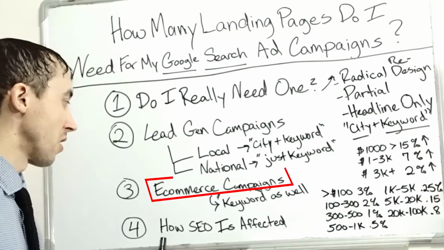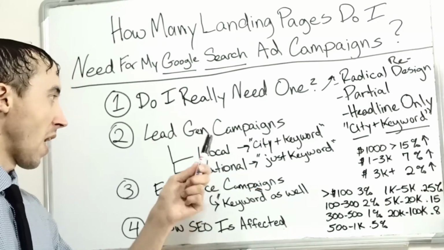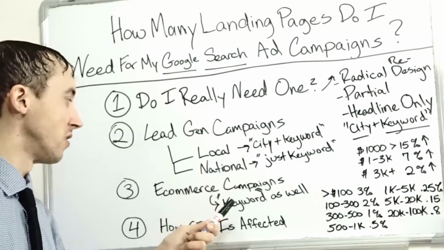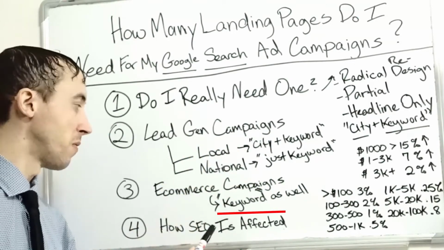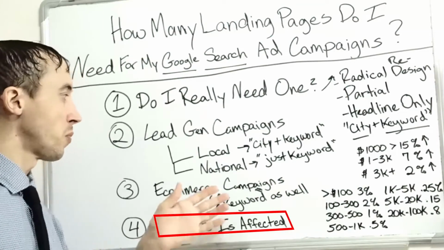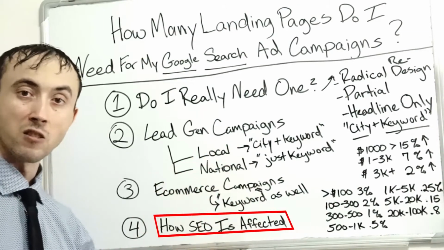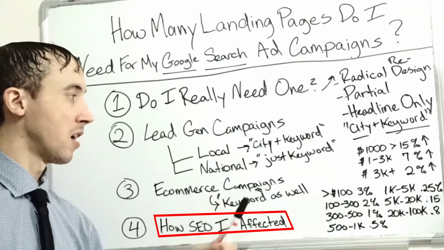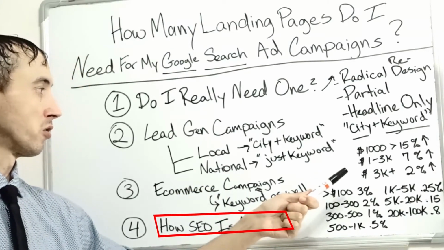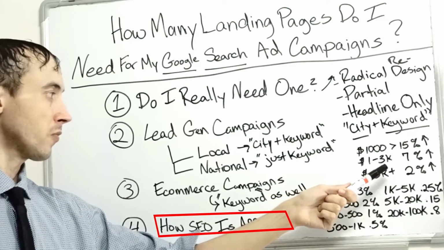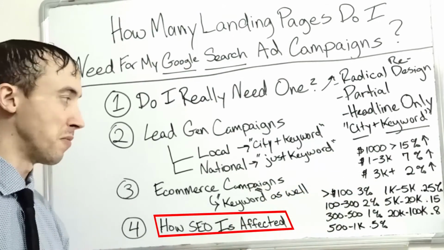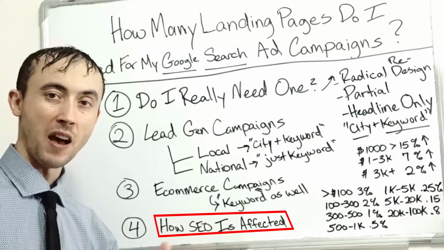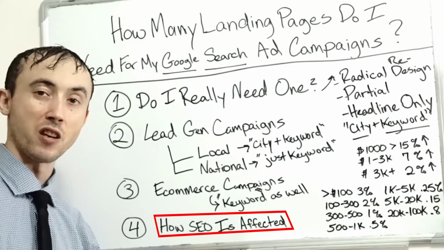But to sum everything up too, as a byproduct of doing all this, how will your SEO be affected? Those hundreds or thousands of pages that you set up just to do well with your PPC campaign, your Google search campaign, to get the conversion rates you need to make money, are going to get found by Google eventually, and they're going to rank well.